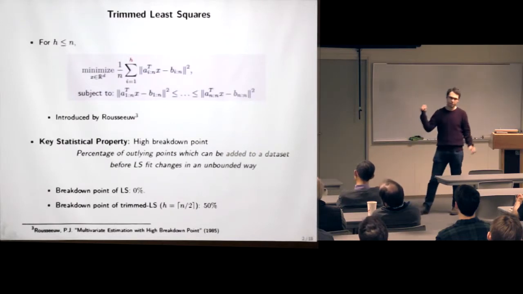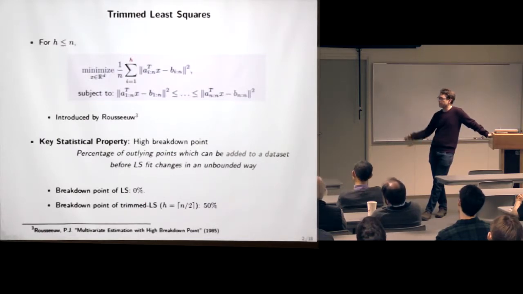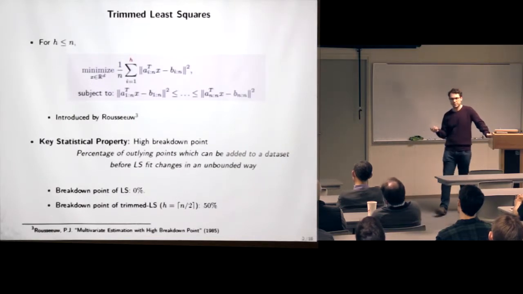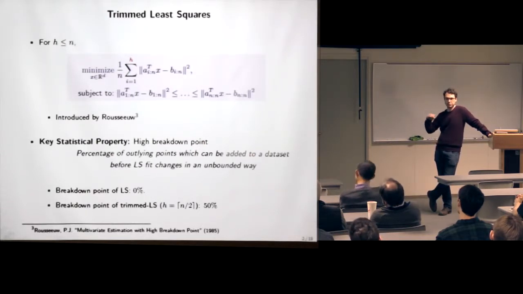With least squares, you can take one bad point, insert it into the model, and then arbitrarily change the estimator. For the trimmed estimator, if you're careful in choosing the h, you can have a breakdown point of up to 50%. So you have the same exact statistical guarantees, but your breakdown point can be adjusted all the way up to 50%, depending on how you choose your h.